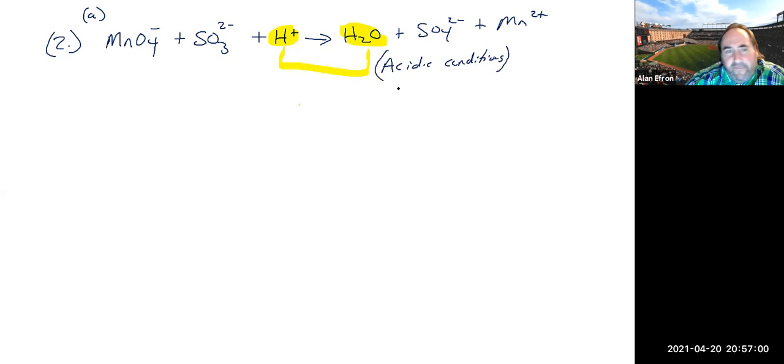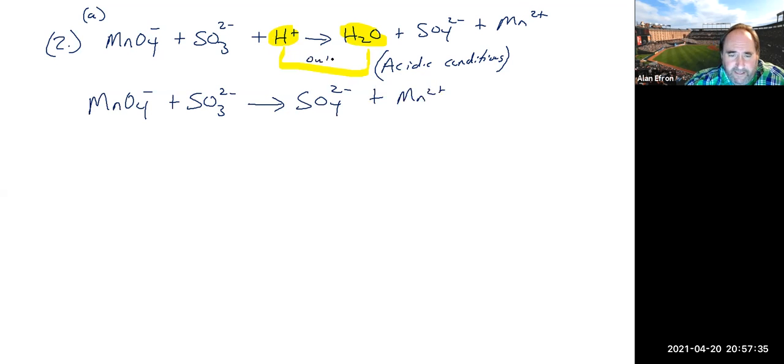So in a number of these on question number 2, you'll see an H plus in the original equation and maybe a water on one side. By the way, H plus could be on the right, water could be on the left, whatever it may be. But when you see the H plus in the equation, it's telling you that you should balance this in acidic conditions. So really what you should do is rewrite that equation, take that out, and start with this equation.